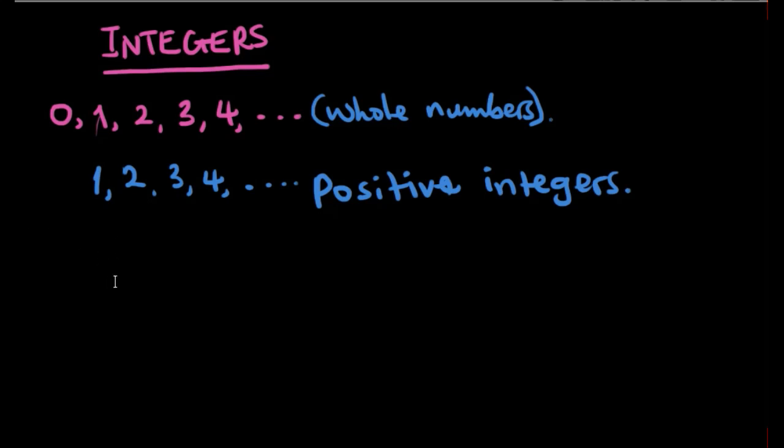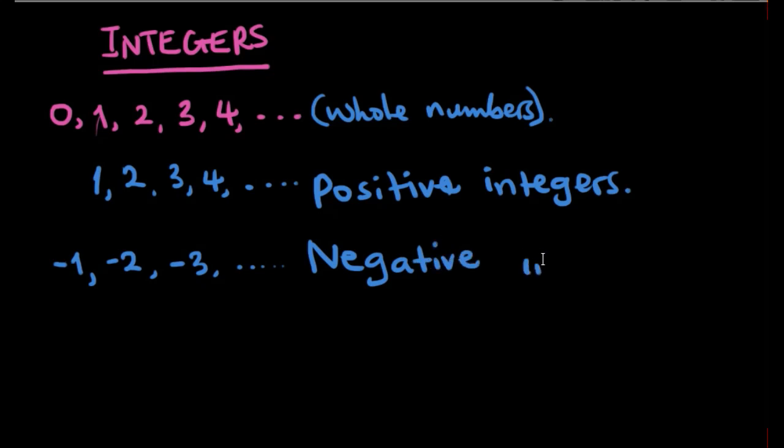Then, you have also heard of numbers which are smaller than 0: -1, -2, -3. Now, these numbers which are smaller than 0 are called negative integers.